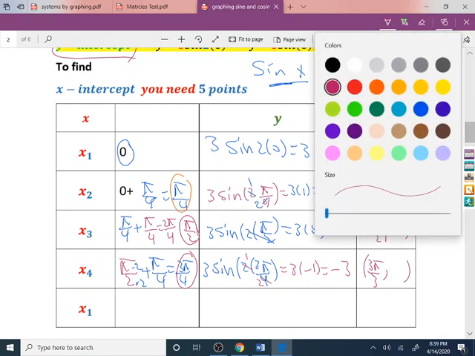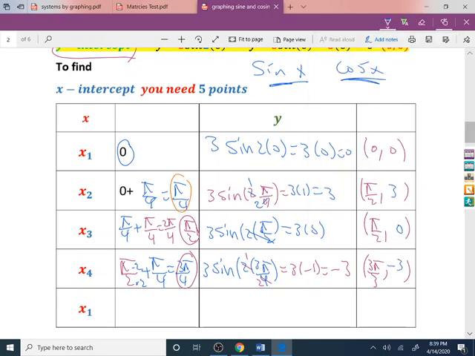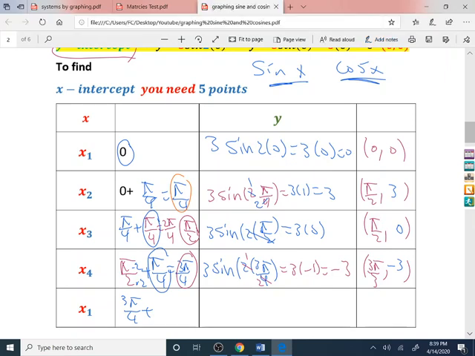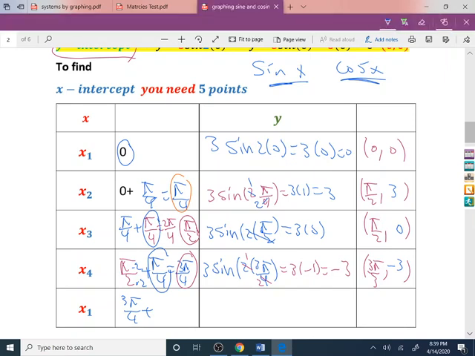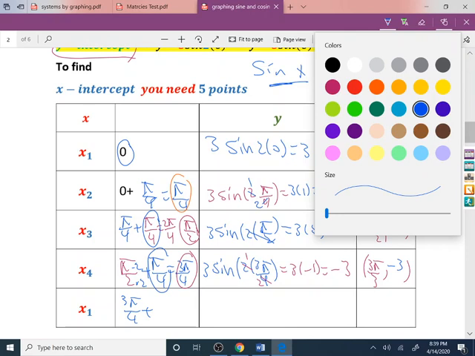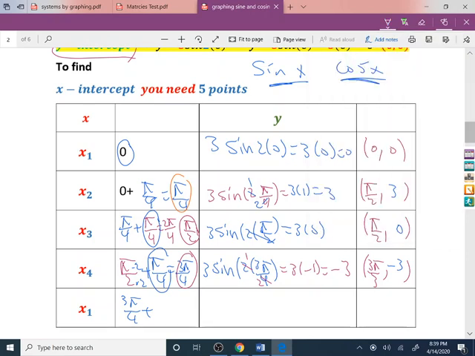The last point left, which is we're going to add 3 pi over 4 plus, again, always pi over what? 4. Plus pi over 4.